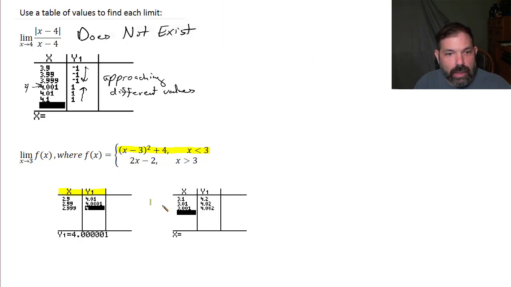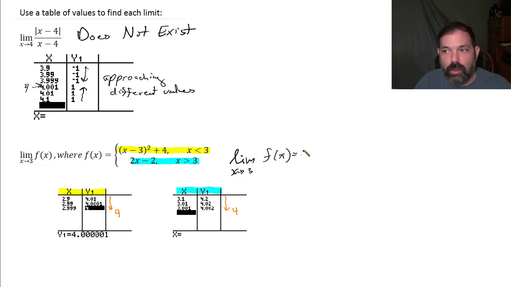All right, and now let's highlight this 2x minus 2 for x greater than 3. And what I see here is, if we look at these outputs, these outputs are approaching 4, and these outputs are also approaching 4. So it appears that this is evidence that this limit does exist, and in fact the limit as x approaches 3 of the function appears to be equal to 4.